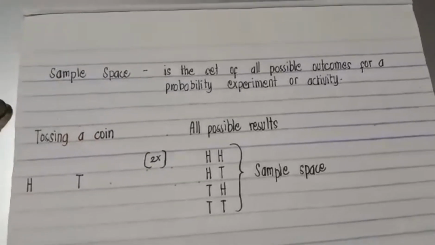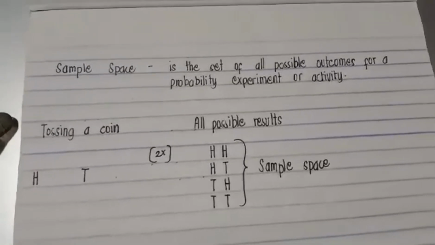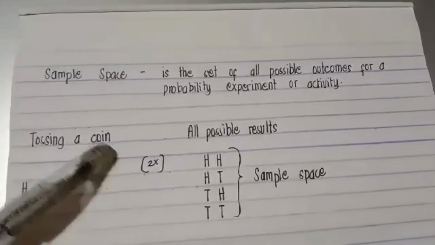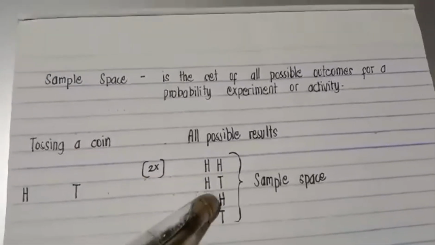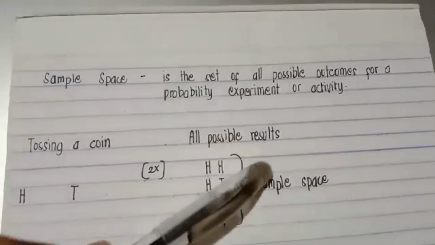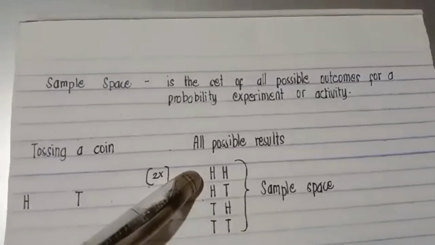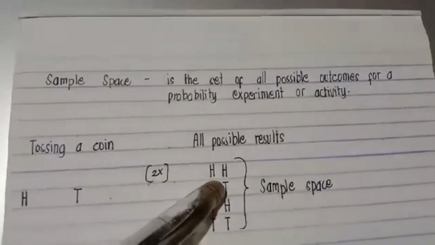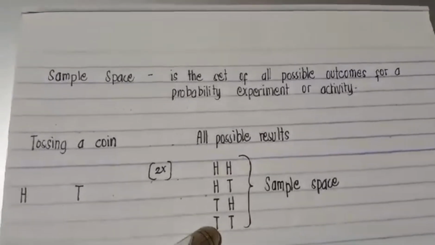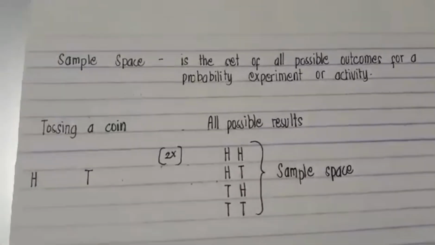In tossing a coin, there are only two possible outcomes, head and tail. If we toss a coin 2 times, there are four possible results: head head, head tail, tail head, and tail tail. These possible results are called the sample space.